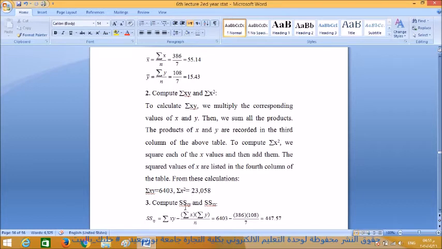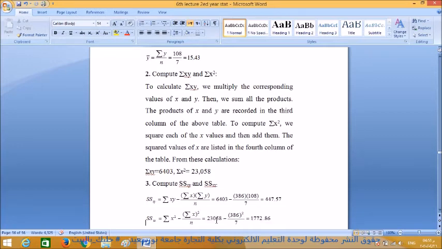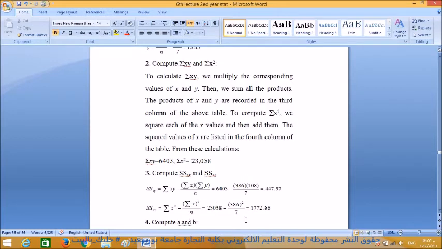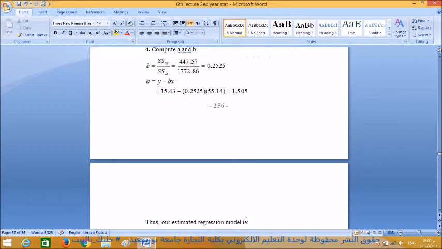Okay, to compute SSXY, SSXY equals sigma XY minus sigma X sigma Y over N. Then substitute as you see, and also SSXX equals sigma X squared minus sigma X all squared over N, like this. Then apply the equation. So A equals 15.4 and B equals 0.25.